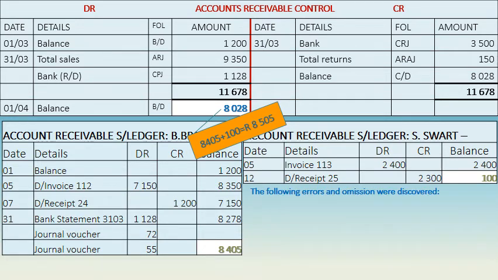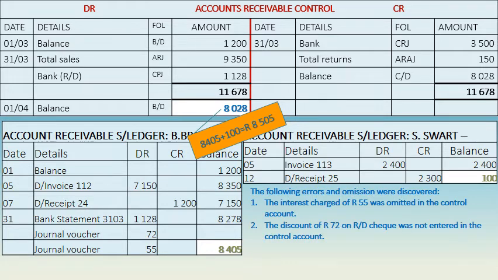The following were errors and omissions that were discovered. Number 1, the interest charged of 55 rand was omitted in the control account. Number 2, the discount on the RD check was not entered in the control account.